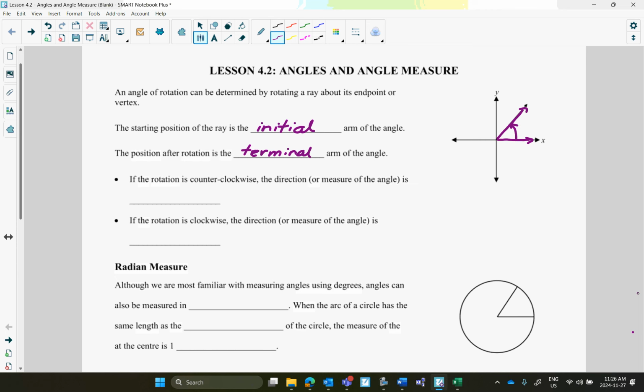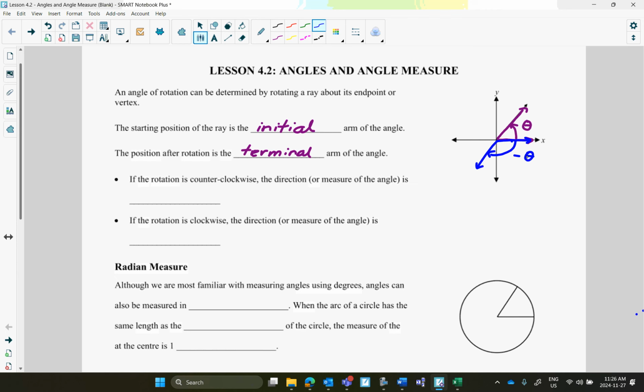Notice that we rotate counterclockwise, we move the terminal arm counterclockwise when we want to find a positive angle. Okay? If we want to find a negative angle, and they do exist, we still use the starting arm as the positive x-axis. But then we go clockwise. And that will actually be a negative angle.